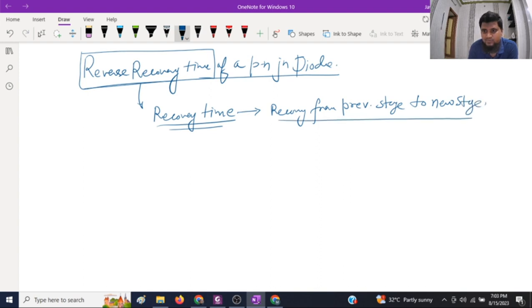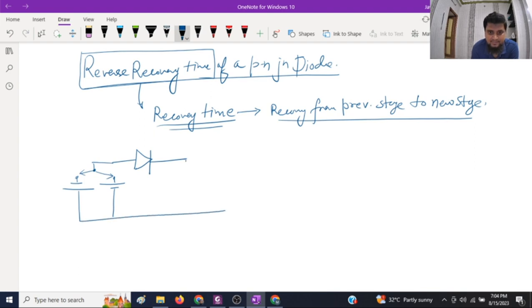Generally, in case of switching, PN junction switching, when we switch a PN junction diode from, let's assume, forward bias to reverse bias or reverse bias to forward bias. Let's assume we are having a switch over here which can be connected to this point or this point, and it is connected with some series resistance RS.